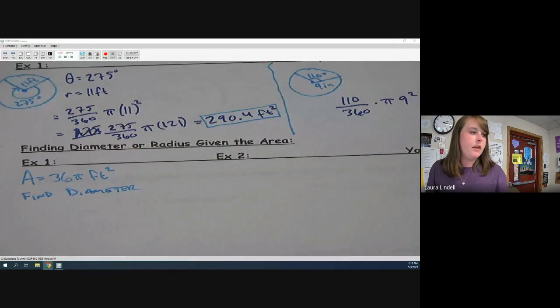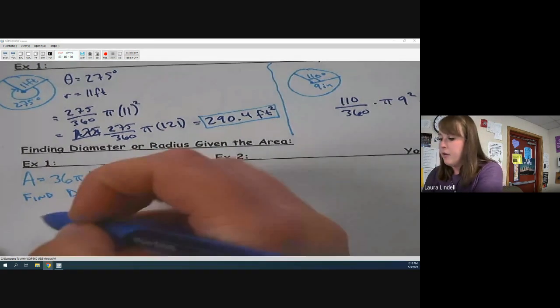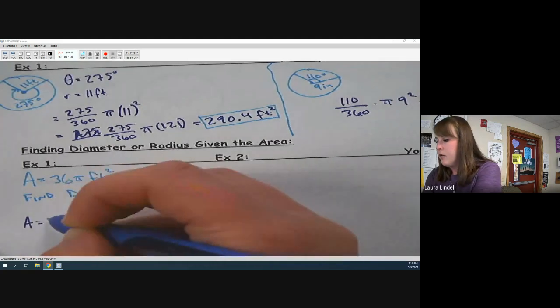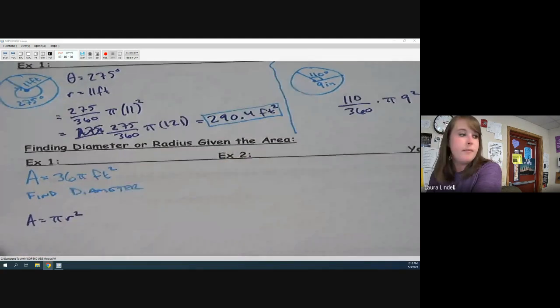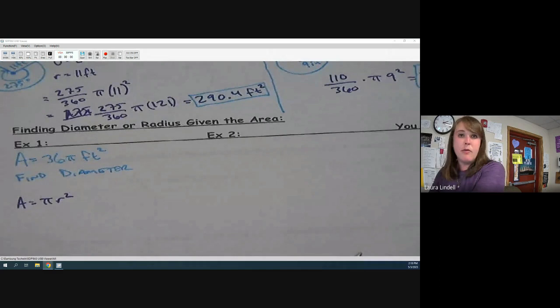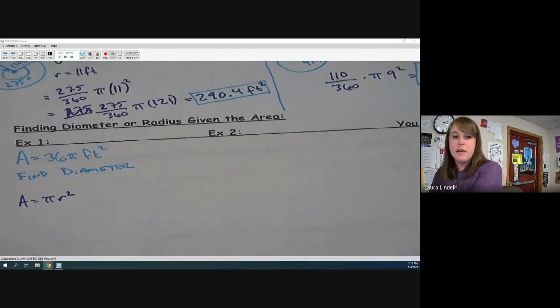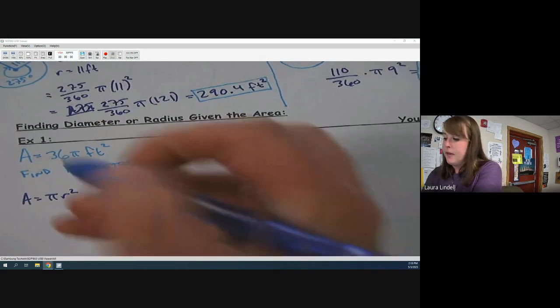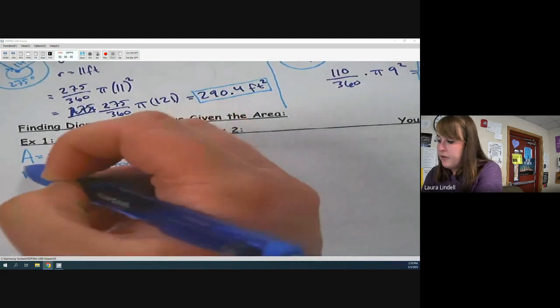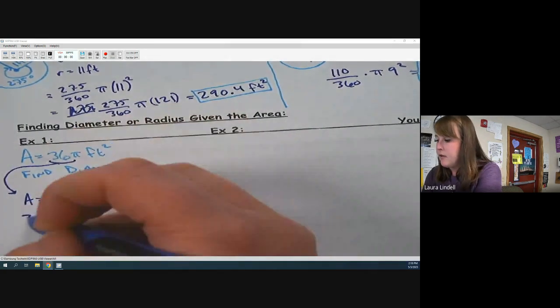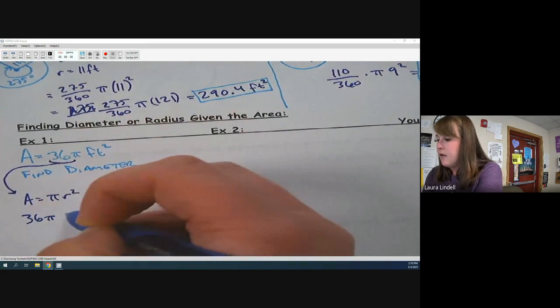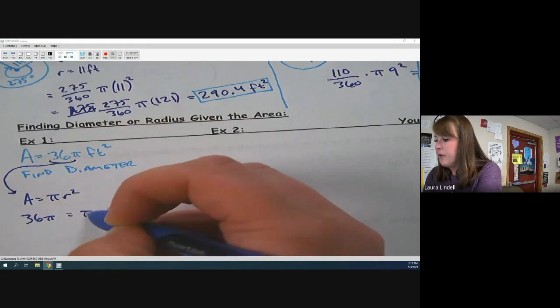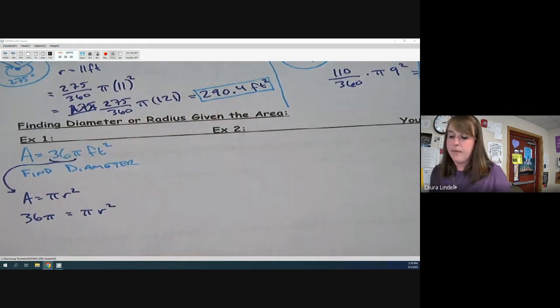Okay. So first off, we know area equals pi r squared. You might even already be able to tell what the radius or the diameter might be from this one. But we're going to take 36 pi and put it equal to pi r squared.